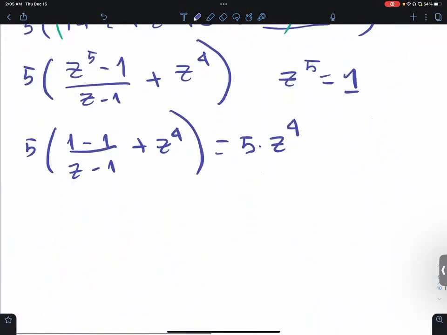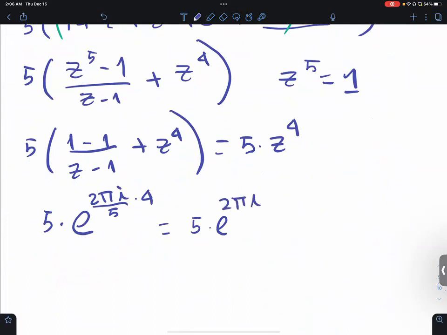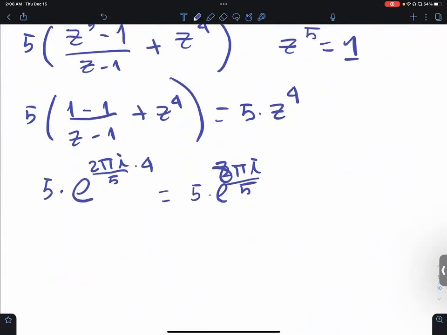Now let's see what is the answer. It will be 5 times e to the 2 pi i over 5, to the 4th power, which is going to be 5 times e to the 2 pi i times 4 over 5, that is e to the 8 pi i over 5. Let's see how we would reduce that in the unit circle. Okay, hold on. Let's do some algebra first.